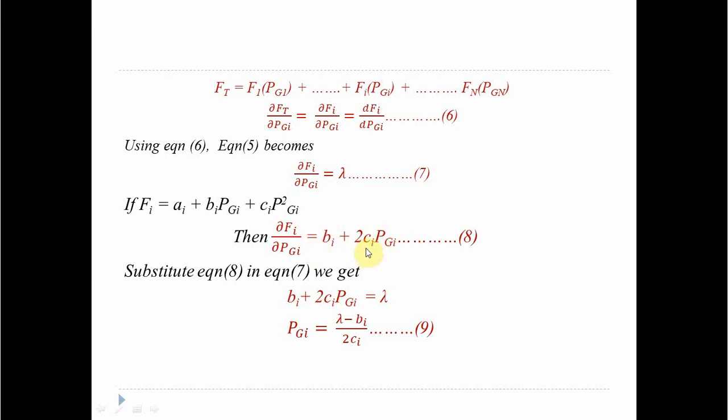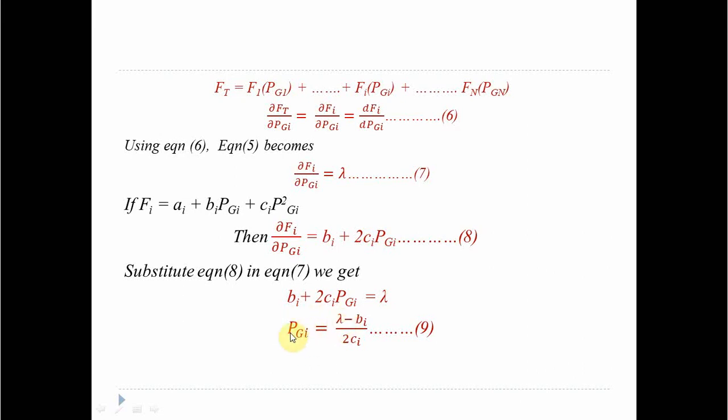This bi plus 2ci Pgi will be equal to lambda. So if you substitute this equation 8 in equation 7, you get bi plus 2ci Pgi is equal to lambda. When you simplify this expression, you get Pgi is equal to lambda minus bi divided by 2ci. So if you know the value of Lagrange's multiplier, you can calculate the power output of each generator unit.